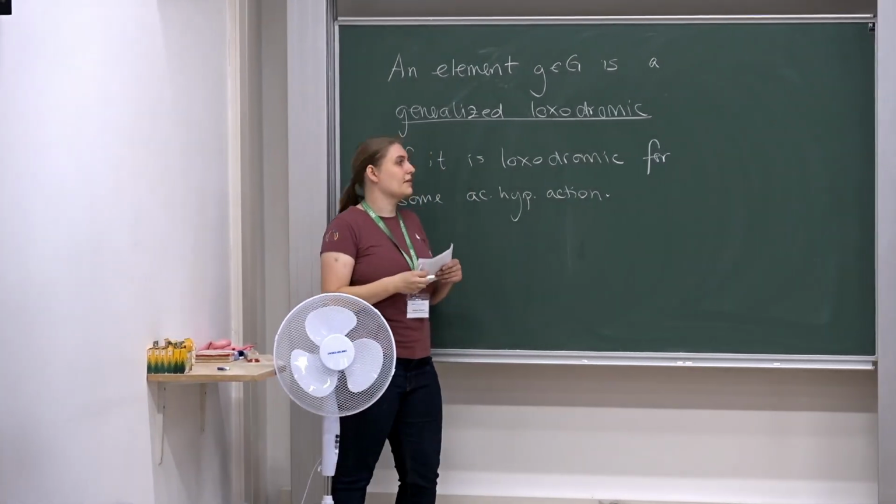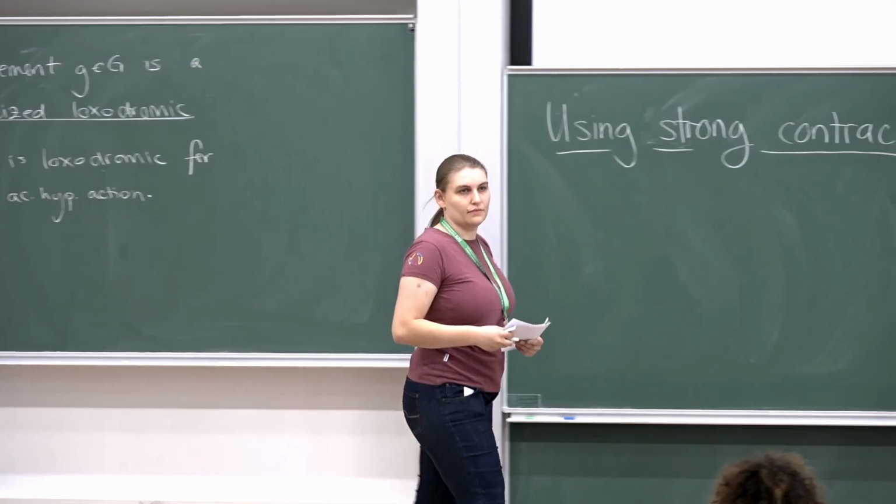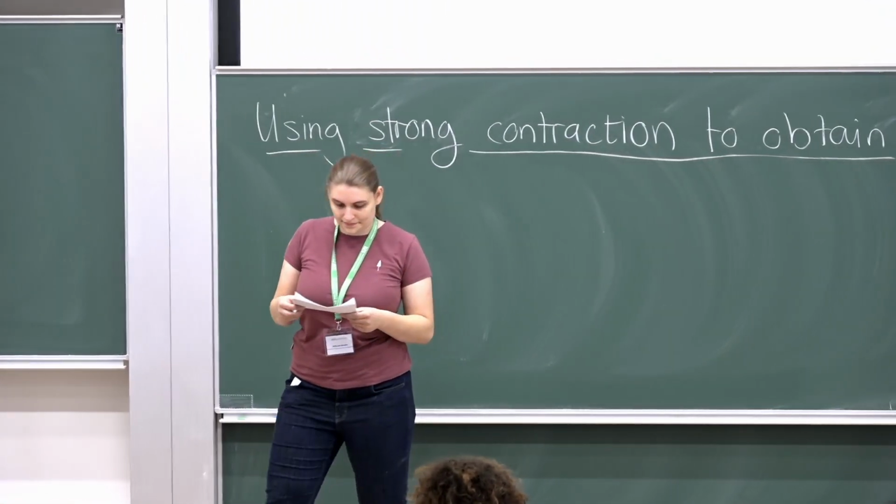And here, loxodromic just means that its orbit can be viewed as a quasi-geodesic.